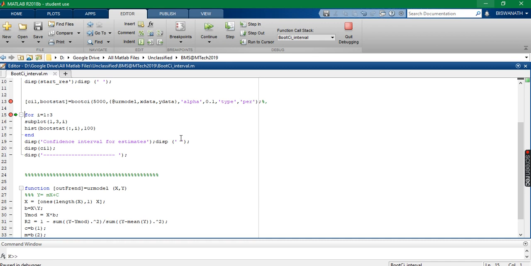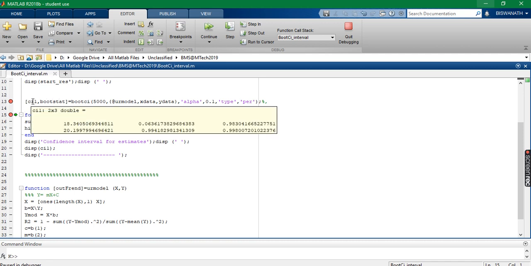So okay, now the 5000 time calculation has been done. So this bootstrap is, you can see, 5000 by 3. That means for every time, for these 3 parameters, that is slope, intercept and R square, 5000 times this data is stored in bootstrap. And CIL is the confidence interval on a percentile basis.